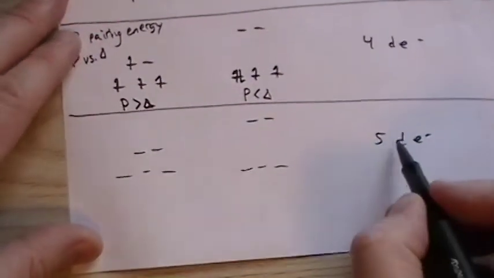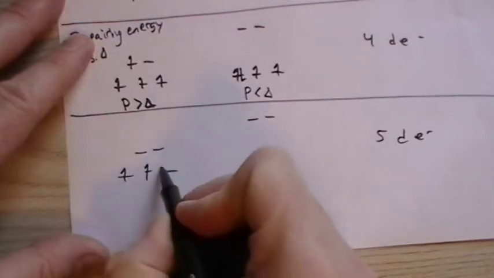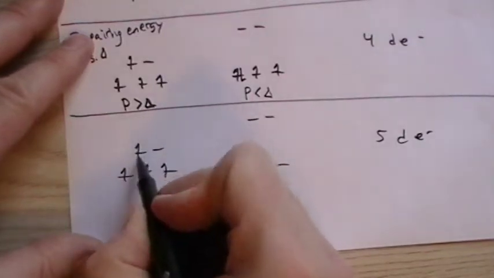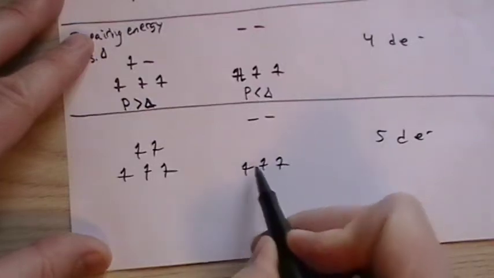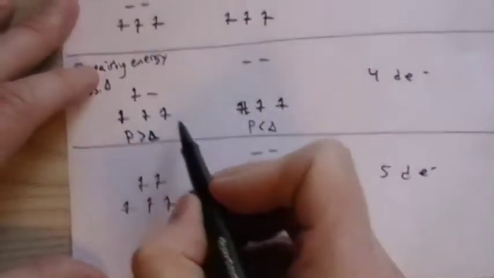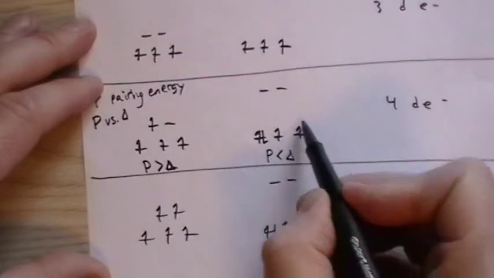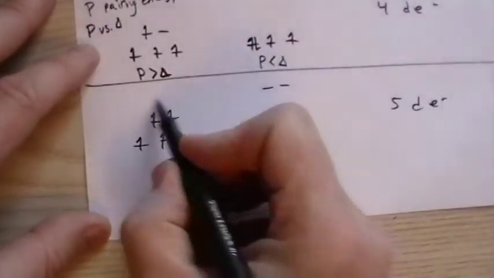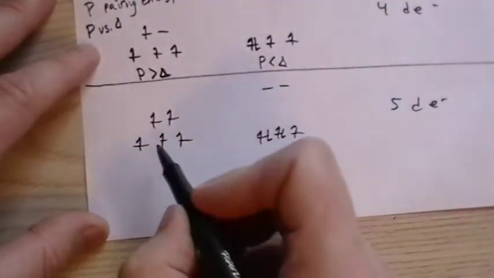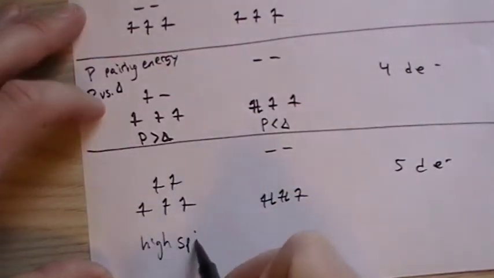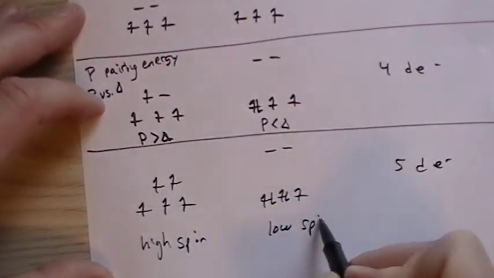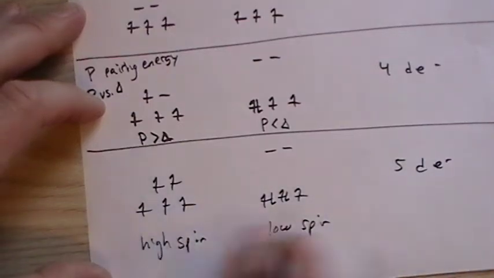So with 5 electrons, 1, 2, 3, well, it's easier to go up here and then they'd be separated. And then this one, 1, 2, 3, 4, 5. Now notice here we have 4 unpaired electrons, 2 unpaired electrons. Here 5 unpaired electrons, 1. That's where the terms high spin and low spin become clear.